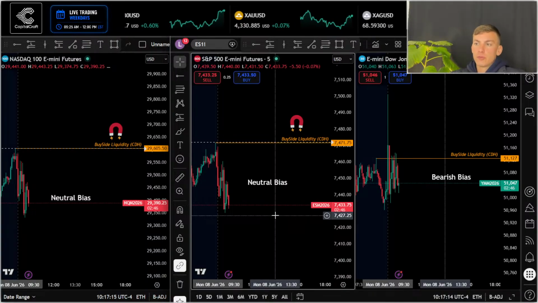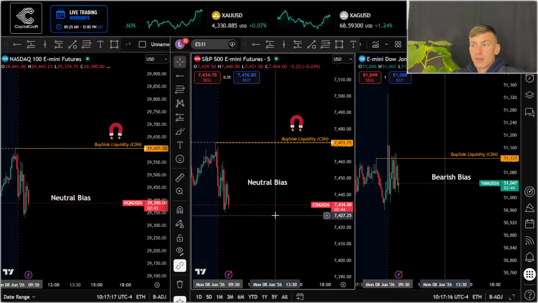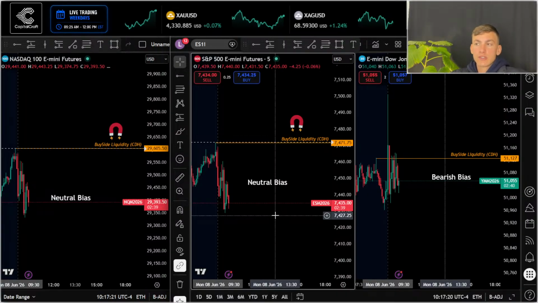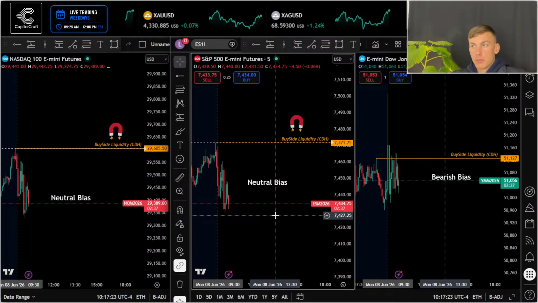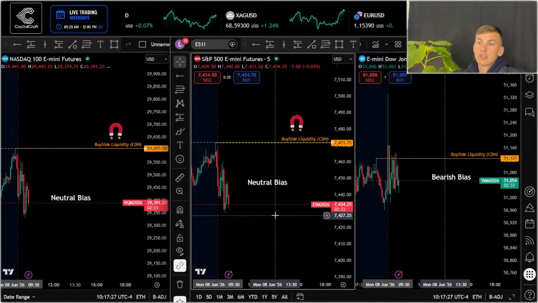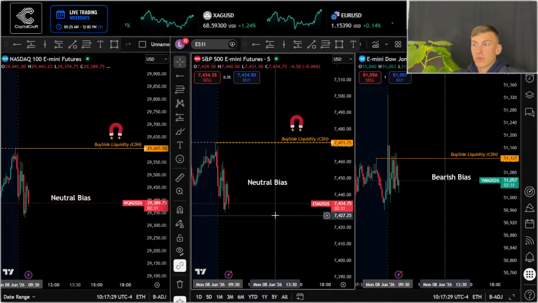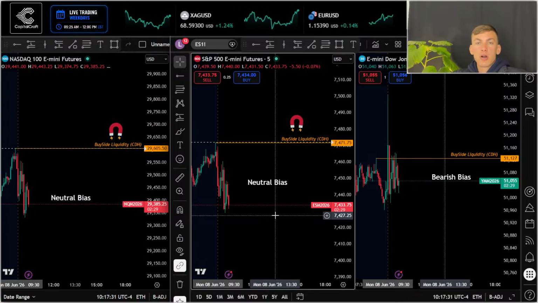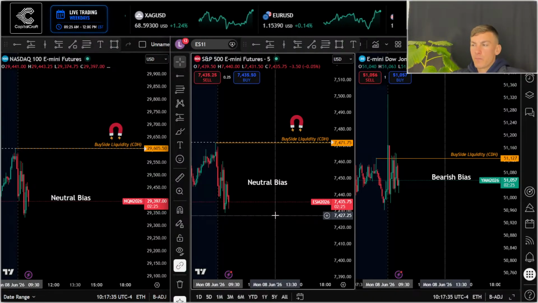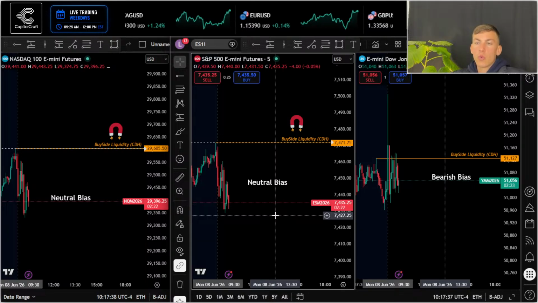It further reaffirms that your analysis is right, because if you are looking to go long on the Nasdaq, you should see the same bullish momentum on the S&P as well as the Dow. If you don't see that, you need to understand that the current market profile has lower strength. So price is not going to go all the way to your level.